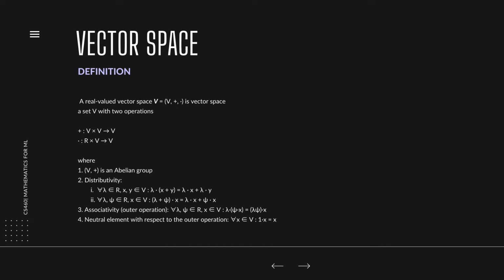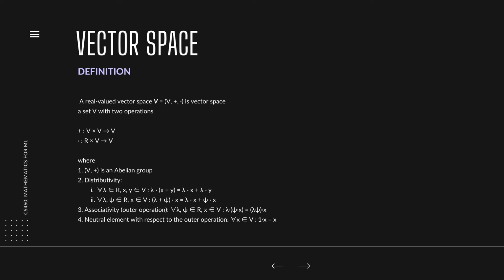Vector space. A real vector space V is a set with two operations: V cross V to V, and R cross V to V. V cross V to V means the sum of any two vectors will always lie in the space itself.